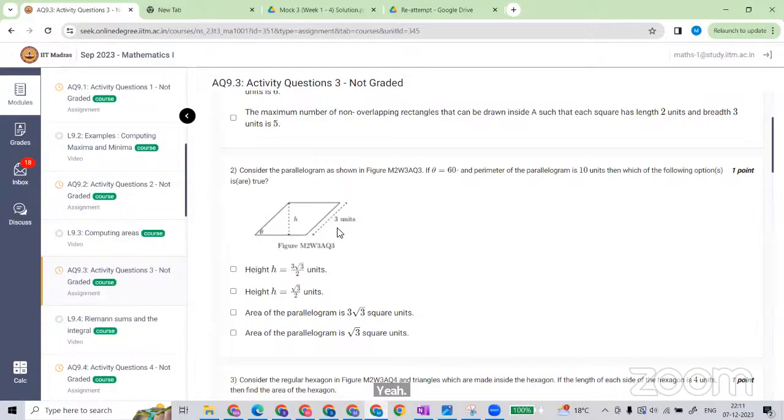And what is the formula to find the area of a parallelogram? Base into height. Base into height only, right? There is nothing more. So the base is not given here. That's why the perimeter is given. The perimeter is given, and this one side is given, so you need to find the other side.